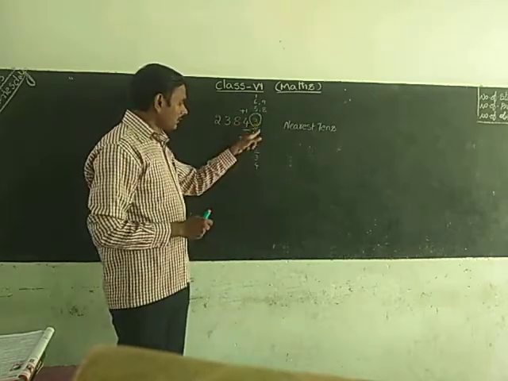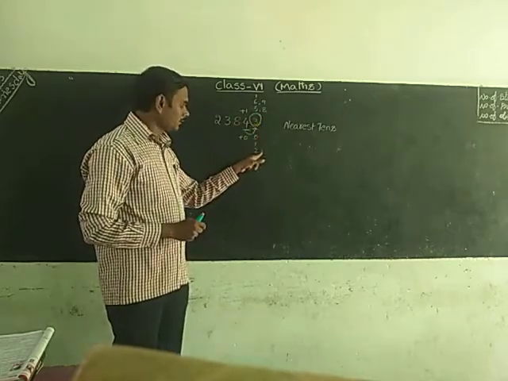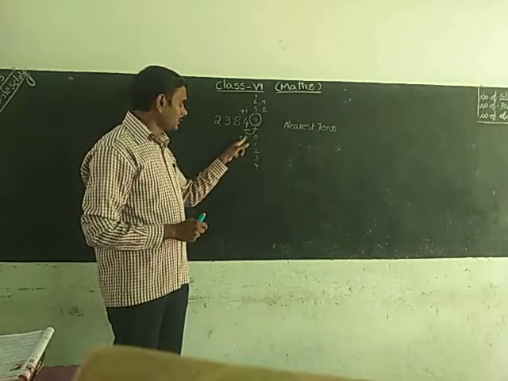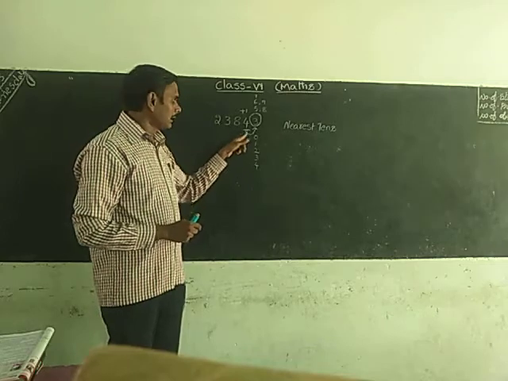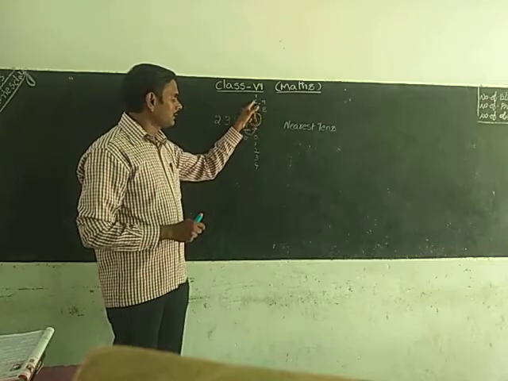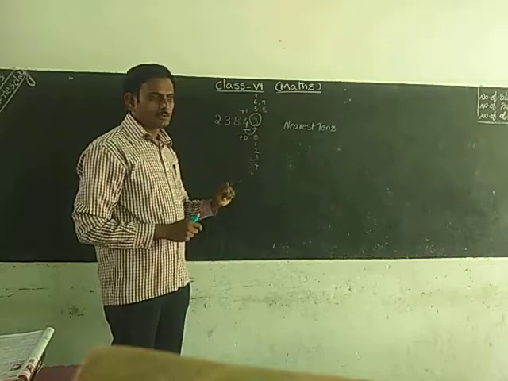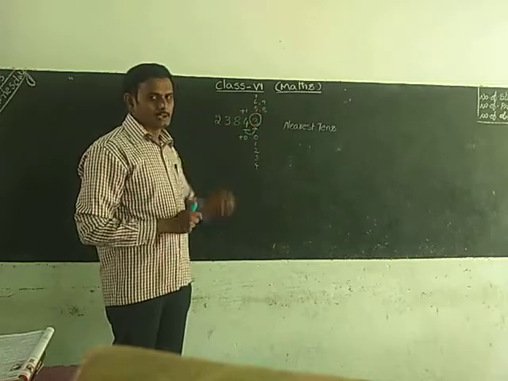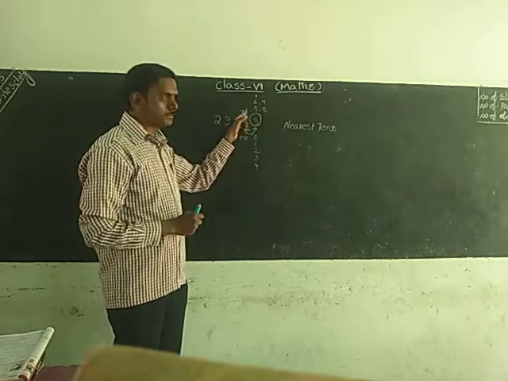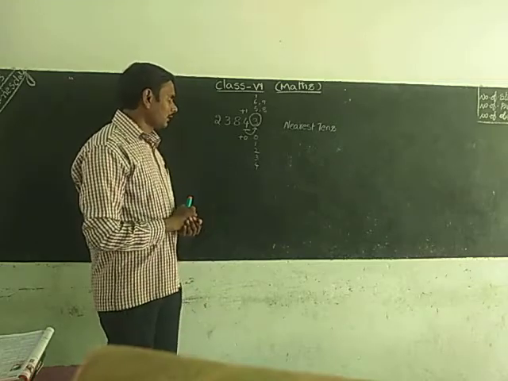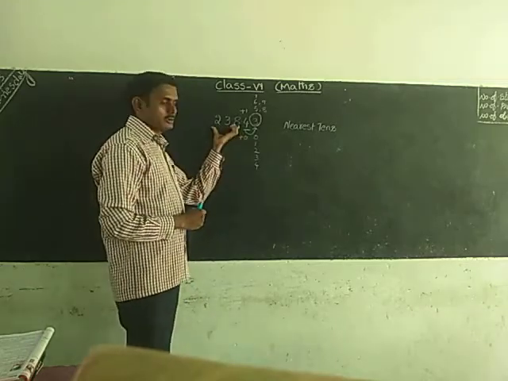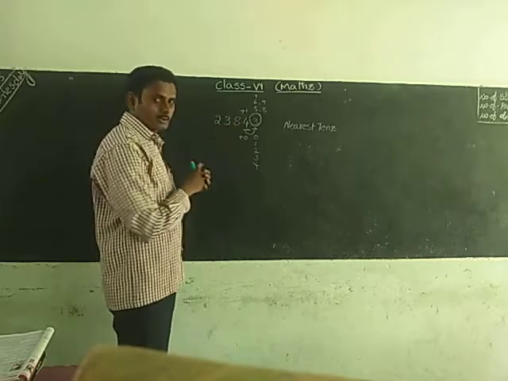In that circle, if you have 0, 1, 2, 3, 4, add 0 to the underlined number. Otherwise, if the circle has 5, 6, 7, 8, 9, then add 1. Now I will write the number before the underline.